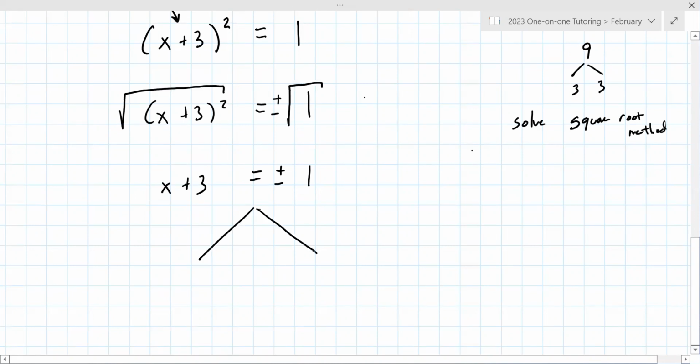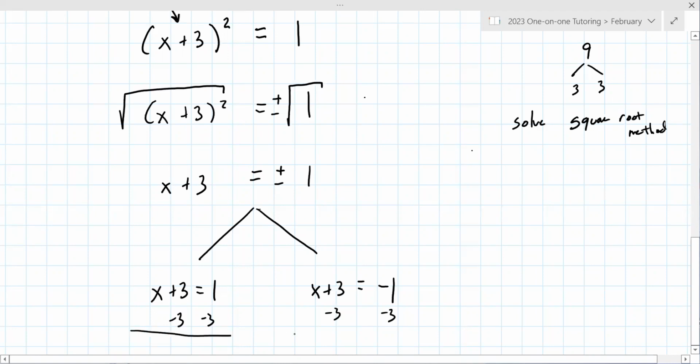Now this is where it becomes two problems, sometimes referred to as case 1, case 2. x plus 3 equals 1, and x plus 3 equals minus 1. Do you see how the left sides are the same in both? Yeah. Okay, so now you solve by subtracting 3 from both sides.